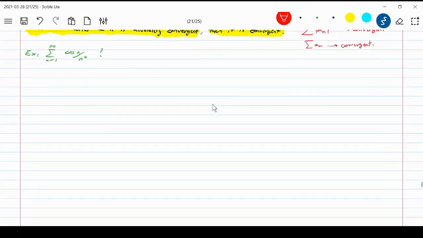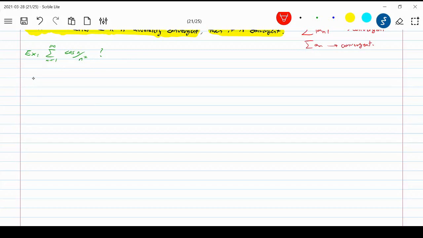Okay, as an example, let's look at the summation of n from 1 to infinity of cosine n divided by n squared. It's kind of difficult for me to write the terms because cosine of 1 is a decimal value.